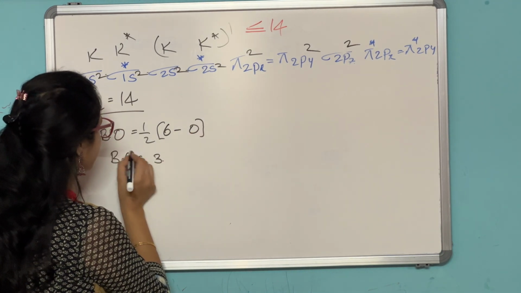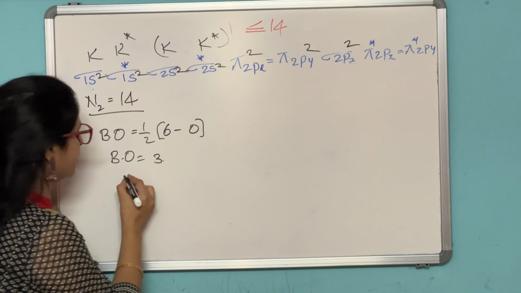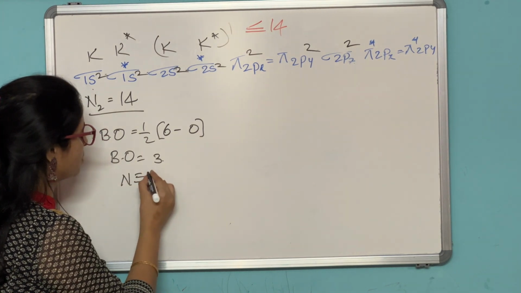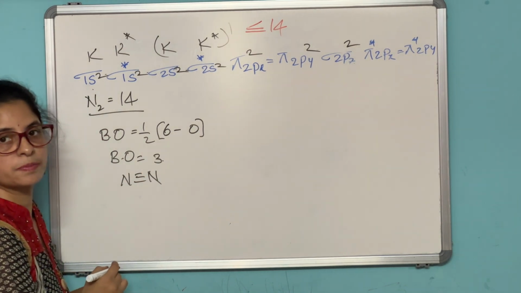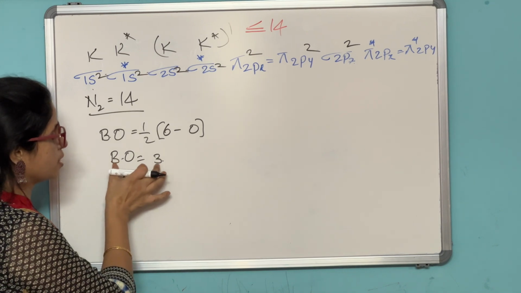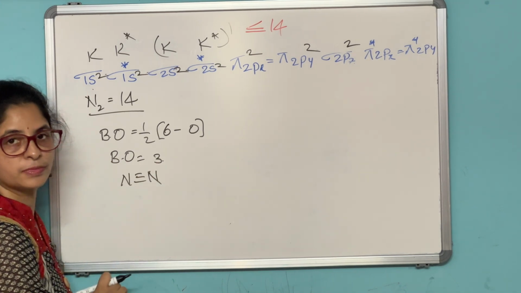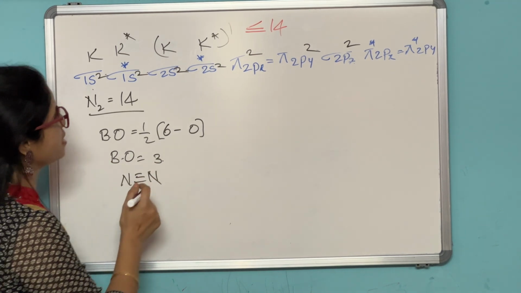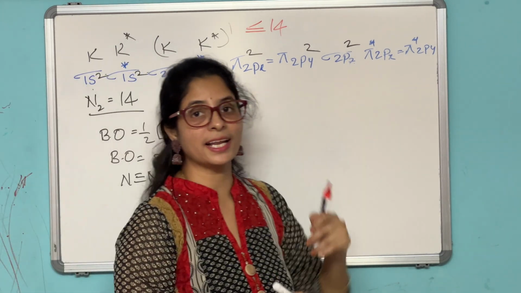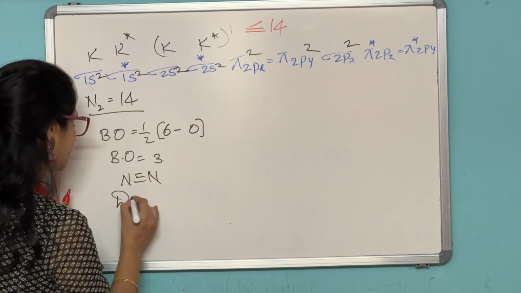So bond order 3 means 3 bonds exist between the two nitrogen atoms, which makes it a highly stable nitrogen molecule. What is the magnetic nature? There is no unpaired electron, so it is diamagnetic. Clear?